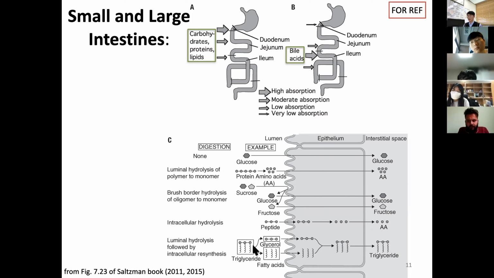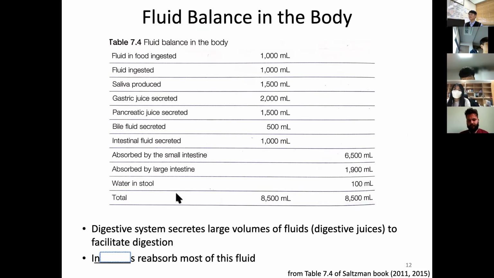Triglyceride can be decomposed into glycerol and fatty acids and pass through, and somehow they get recombined into triglyceride inside during digestion. And you see hydrolysis, hydrolysis, hydrolysis, where when you break something down, you need a water molecule. That's called hydrolysis. And the opposite of hydrolysis is called condensation.